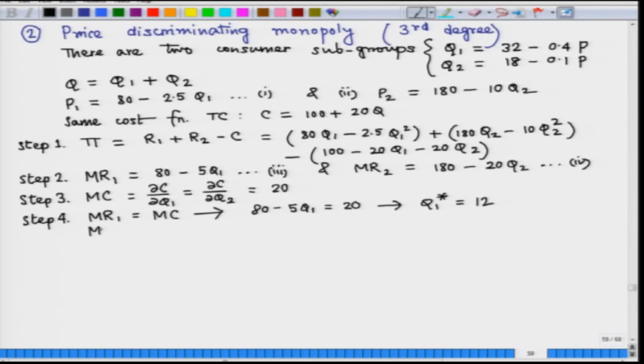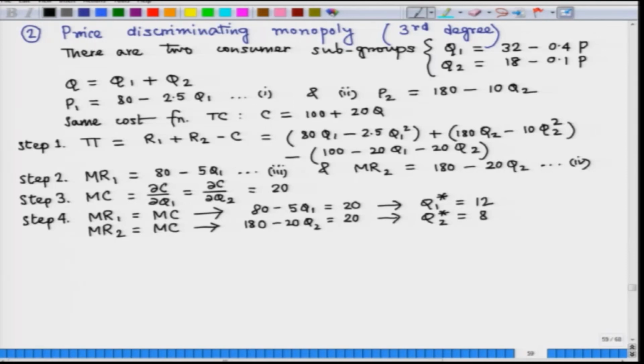If I now equate my marginal revenue curve from market 2 to the MC, then I get, and of course, I get some value of Q2 which solves this equation.